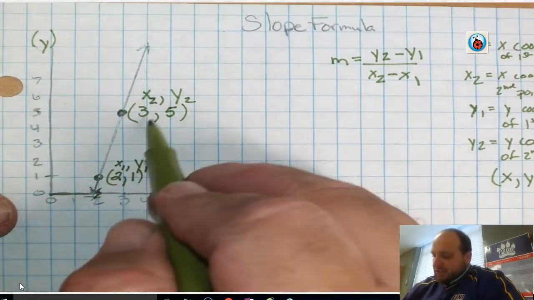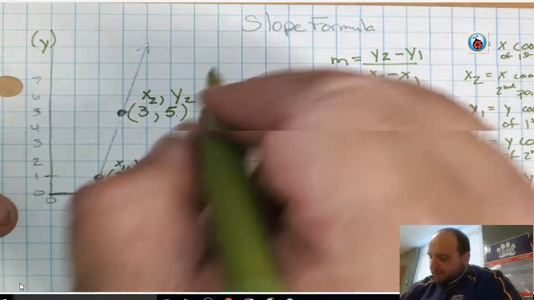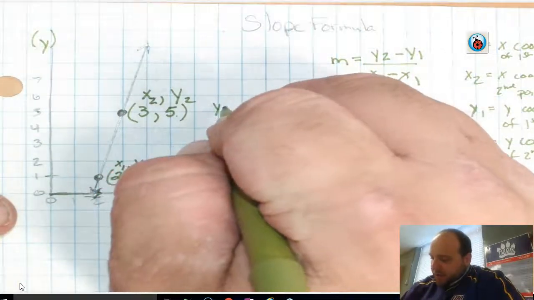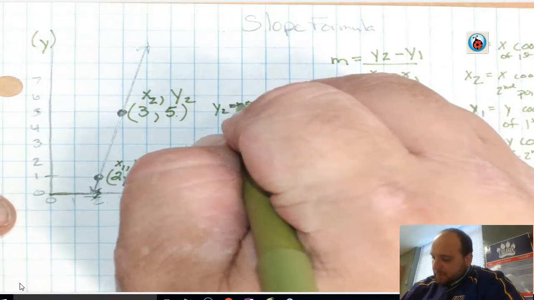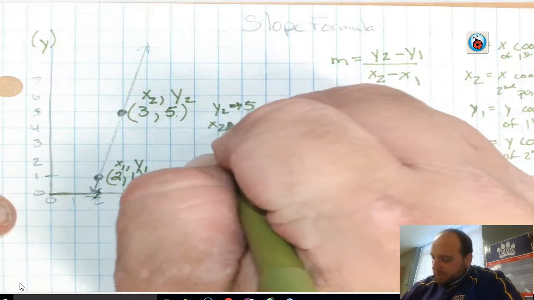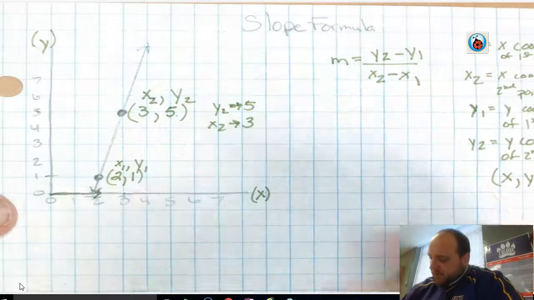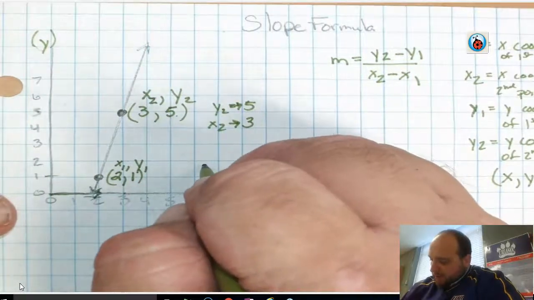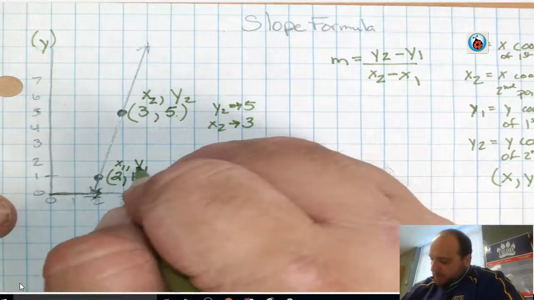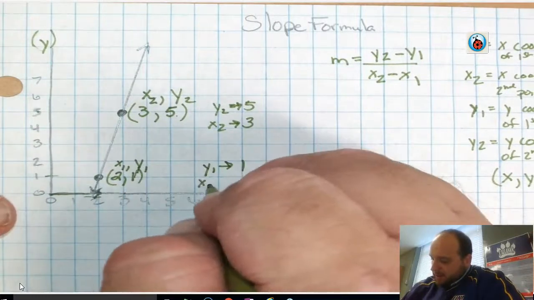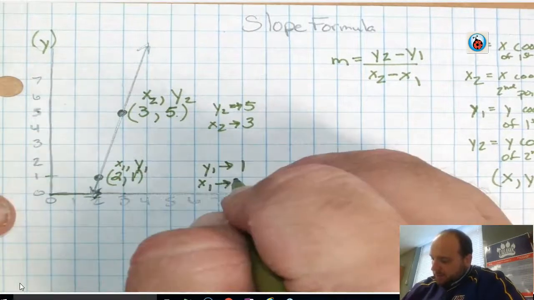So my y2 is 5, so I'm going to write this over here. y2 is 5. x2 is 3. y1 is 1, because it's the y coordinate there. And my x1 is 2.